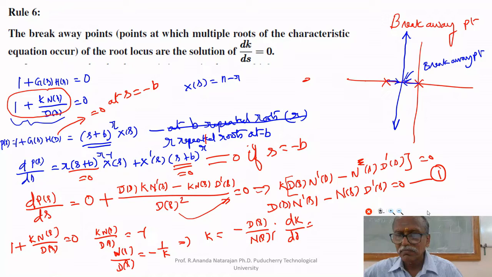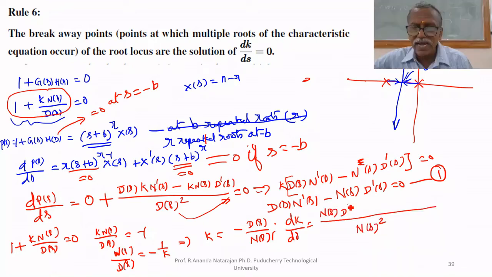Therefore, dk by ds equal to, what is dk by ds? dk by ds equal to, over n of s square, n of s d dash of s minus d of s n dash of s. One minus sign is there. That is equal to 0.